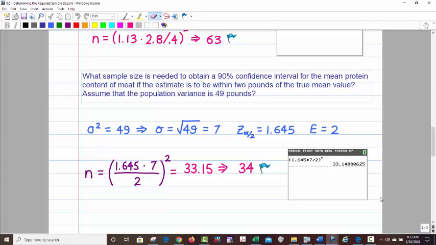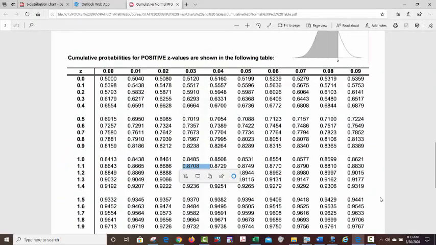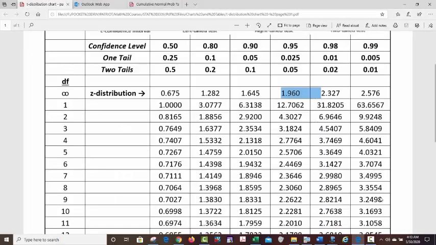This goes way back to something we learned earlier in the course, that standard deviation is always the square root of the variance. So if the variance sigma squared is 49, the standard deviation would be the square root of 49, which would then be 7. So that's the trickiest part of this problem for sure. 90%, that's right off that chart, 1.645, so that's easy enough.